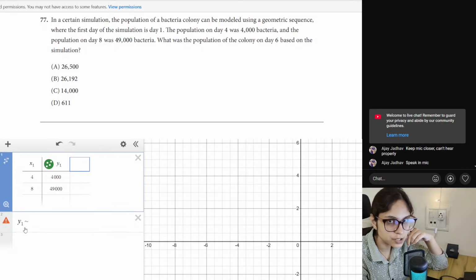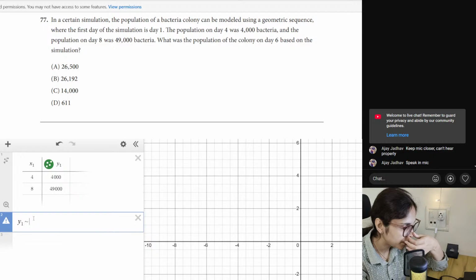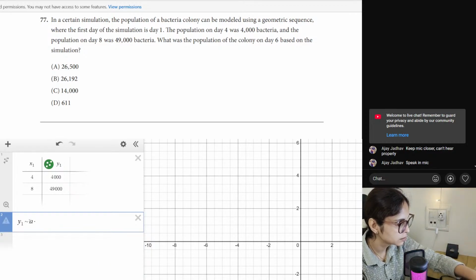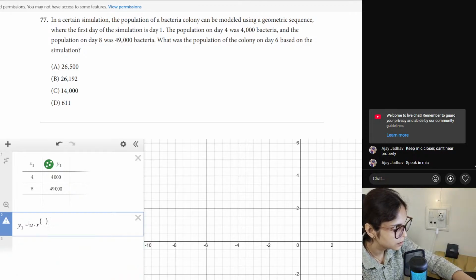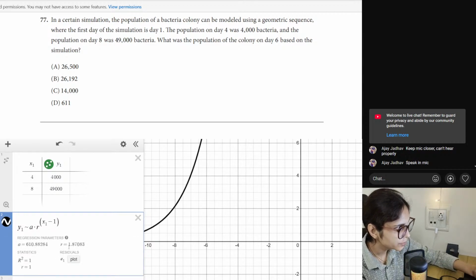And instead of the equal sign we use this tilde sign. And now as I wrote, it is a times r to the power x1 minus 1. Getting the value of r is 1.87083, the value of a is 610.88284.